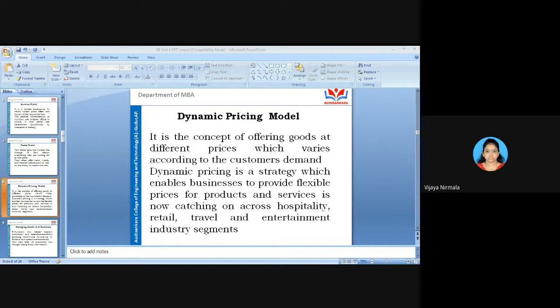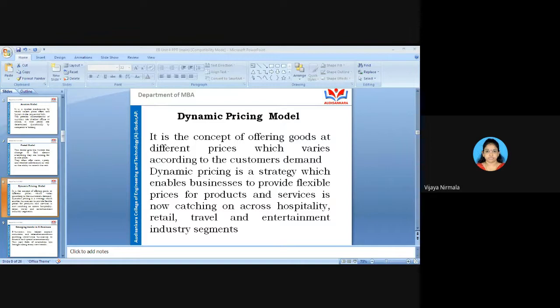So this dynamic pricing is a strategy which enables a business to provide flexible prices for products and services. And it is now catching on across the hospitality, retail, travel, and entertainment industry segments.